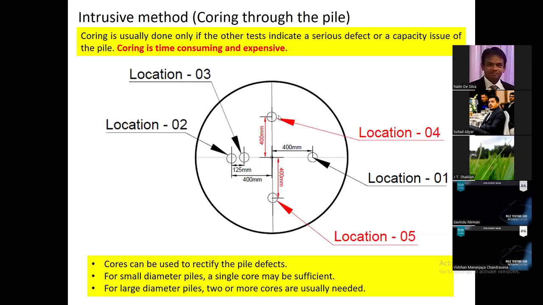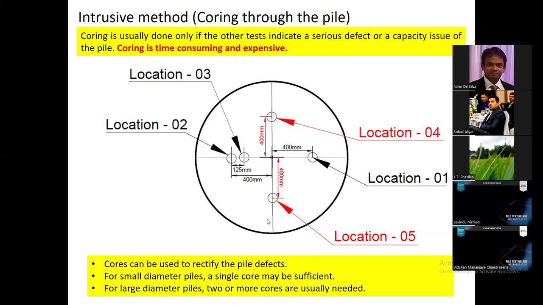For small diameter piles, 1 or 2 cores may be sufficient. But for large diameter piles like 1500, 1800 diameter piles, maybe 3 or 4 cores are needed.